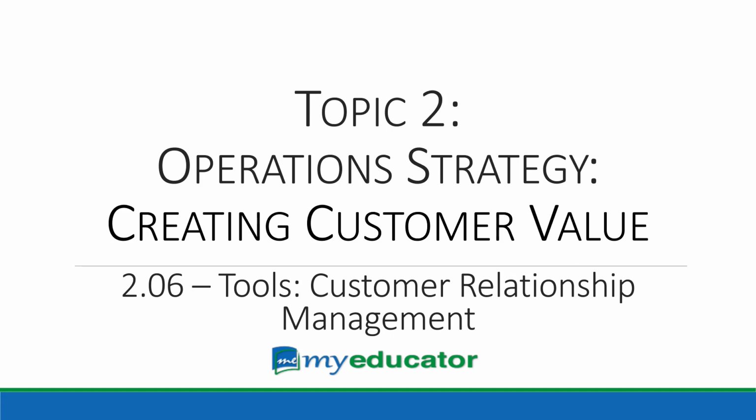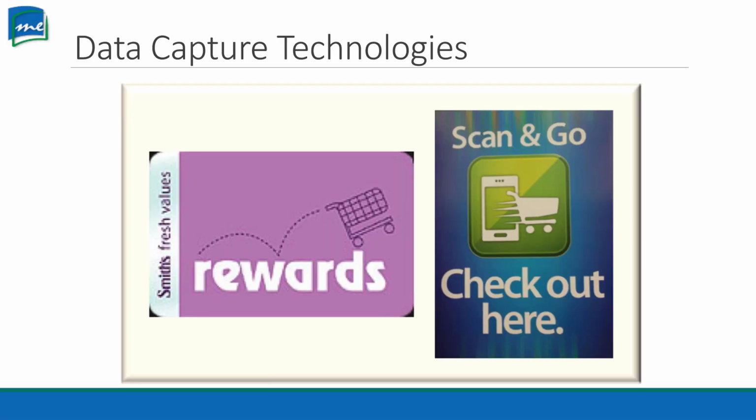So we capture this data several ways. And I'm sure many of you have seen rewards cards. So you might get points, which then you can use for discounts later, or you have some type of membership. For example, Sam's Club. And you get a membership card. Well, you have to scan that card in order to check out. Well, what do you think they're doing with that information?